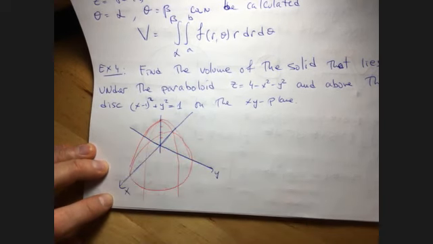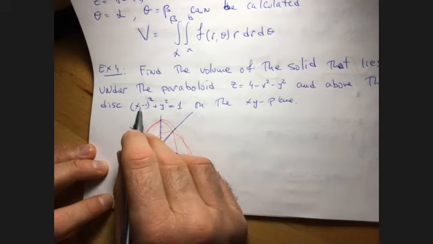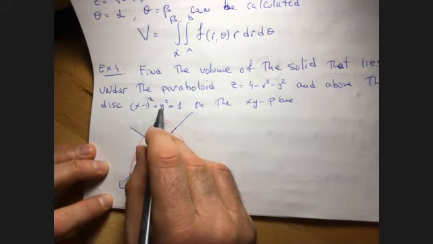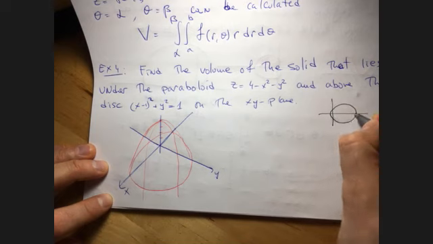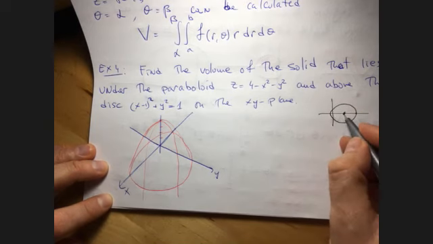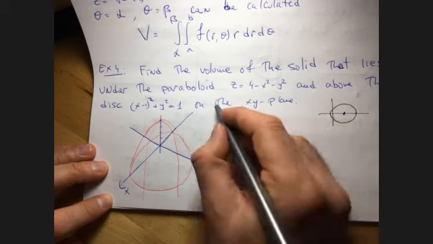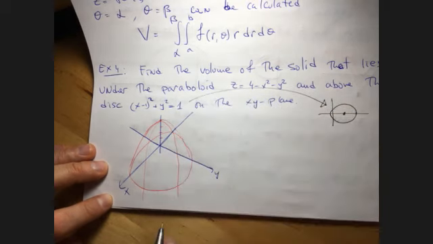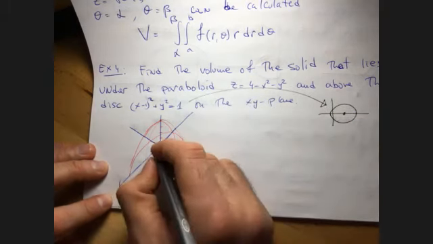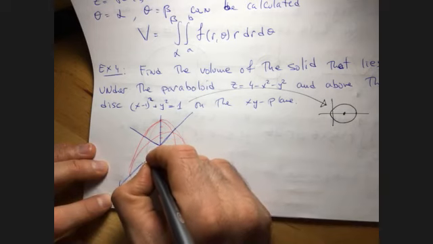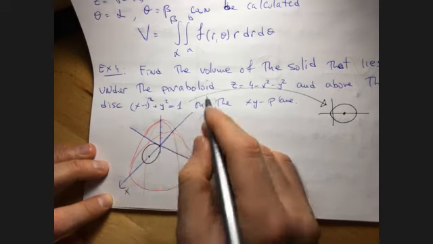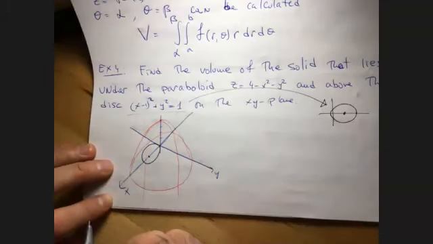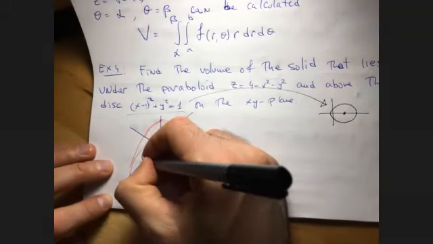And then we have an intersection with (x minus 1) squared plus y squared is equal to 1. In the xy plane, that's the circle centered at (1, 0) with radius 1. But if I extend this to 3 dimensions, I'm going to get a cylinder.